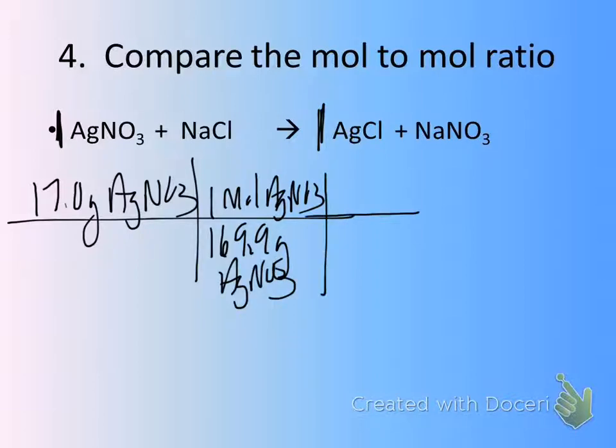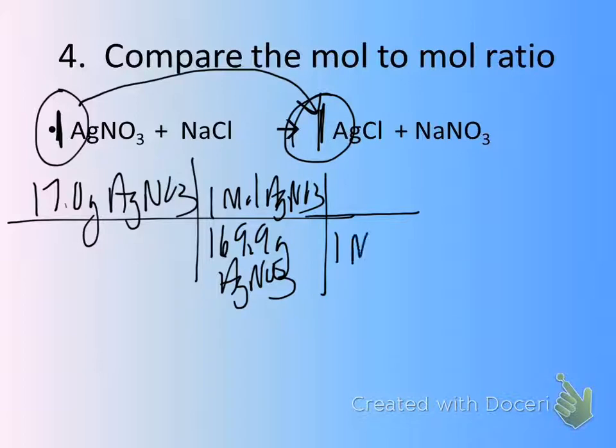Now, we want to get out of moles of silver nitrate. We want to get into moles of silver chloride. And we're going to do that by plugging in that mole-to-mole ratio. For every 1 mole of silver nitrate we react, we're going to get produced 1 mole of silver chloride.